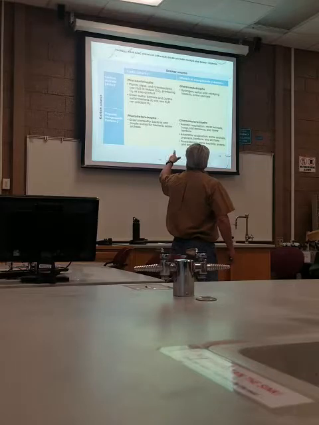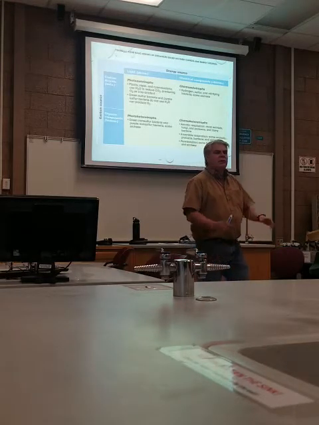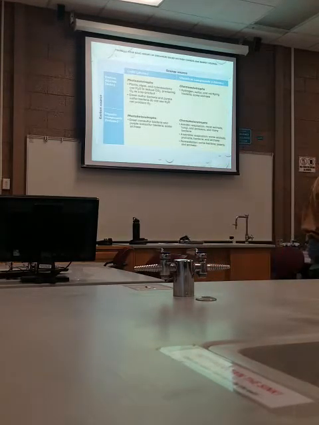Heterotrophs get their carbon from some type of molecule. You can be a chemoorganotroph, you can be a chemolithotroph too, but we're not going to go into that. Chemoheterotrophs get their energy from chemicals, the breakdown of some chemical compound, and they get their carbon from some organic molecule.